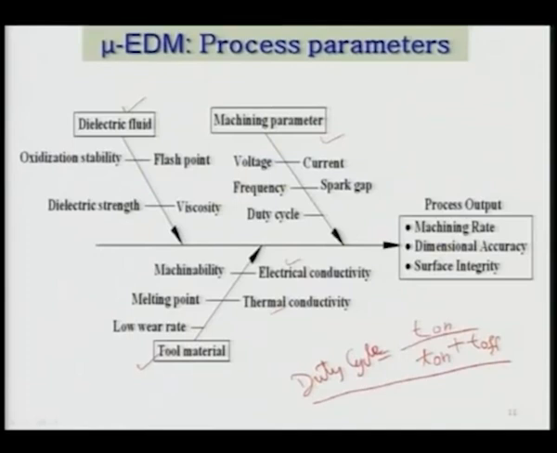The output of the process, or the performance of the process, can be measured in terms of machining rate, dimensional accuracy that you are getting, and surface integrity, that is again a very important parameter that will decide the surface finish, the micro cracks, if any, on the surface that has been machined, and morphology or texture of the surface again plays an important role.